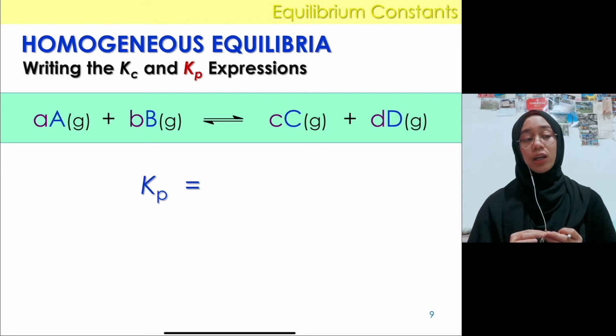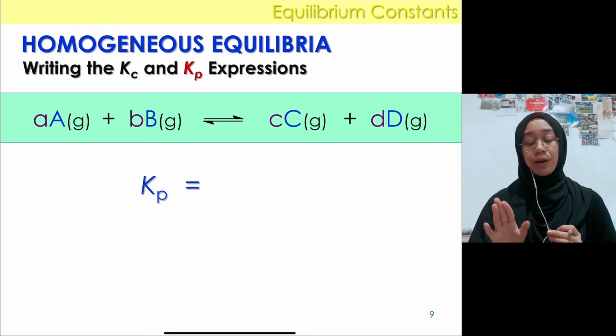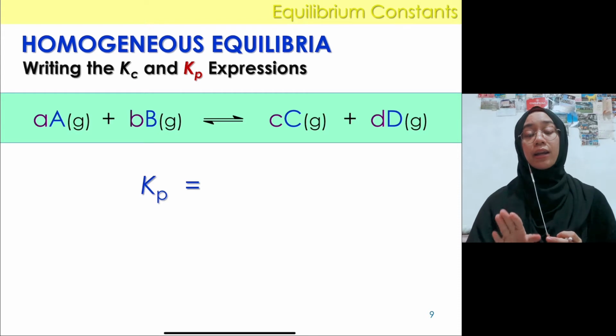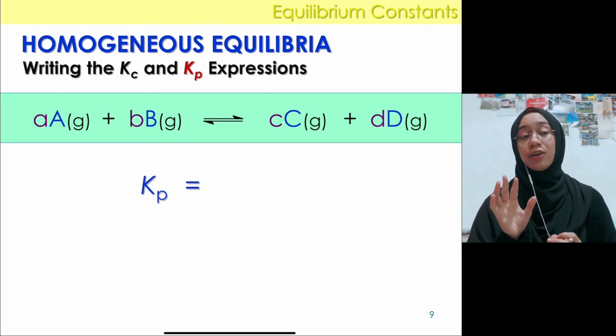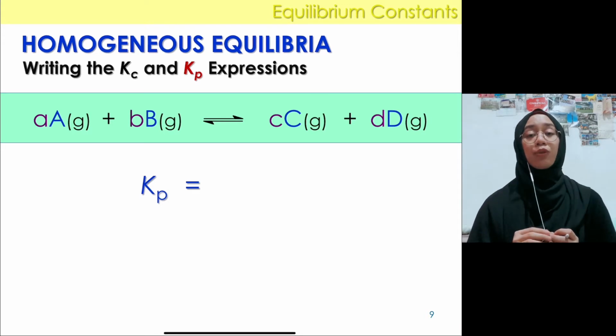The only substances we consider in terms of pressure are those whose phase is gas. Bear in mind, we can only write Kp if there is gas. If there is no gas, we don't need to write Kp.